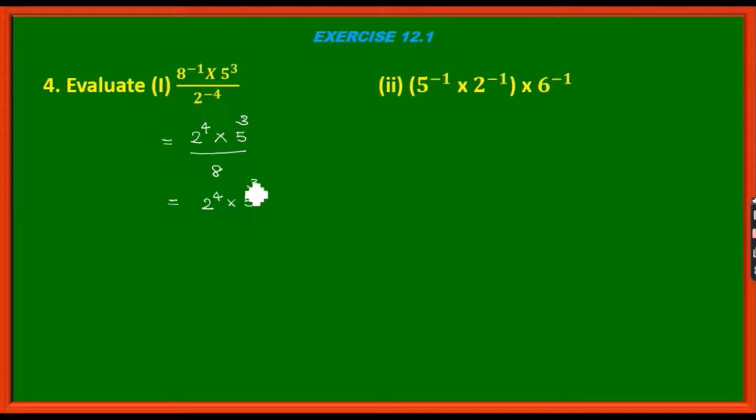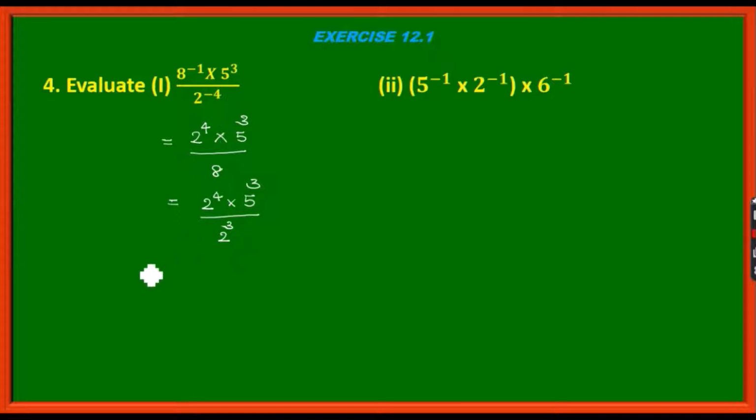Divided by 8, we can write 8 as 2 cube, since 8 comes from 2 into 2 into 2. So instead of 8 we can write 2 raised to 3. Here you can see 2 raised to 4 divided by 2 raised to 3.